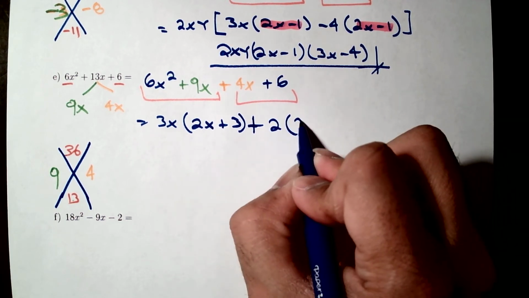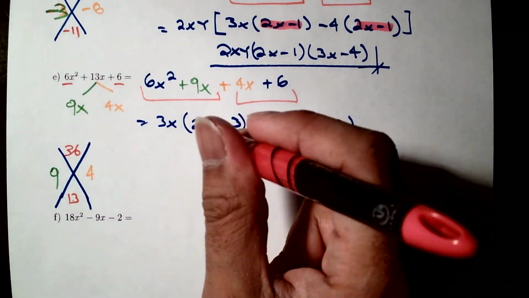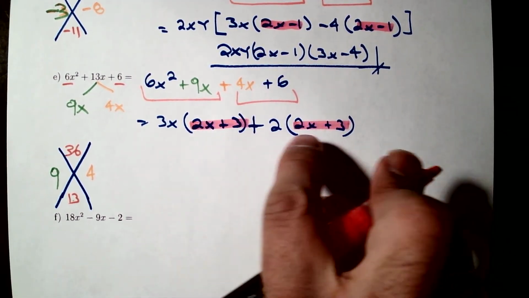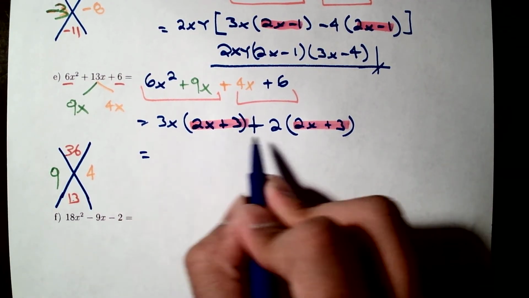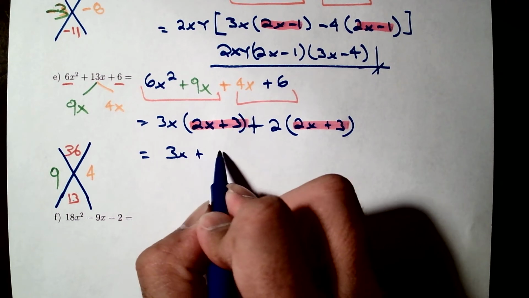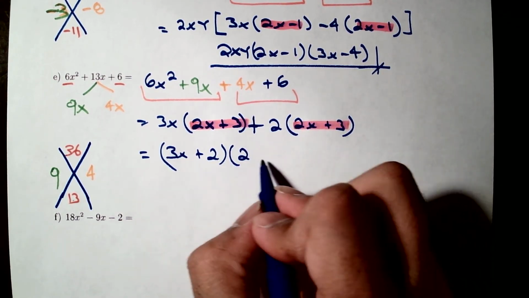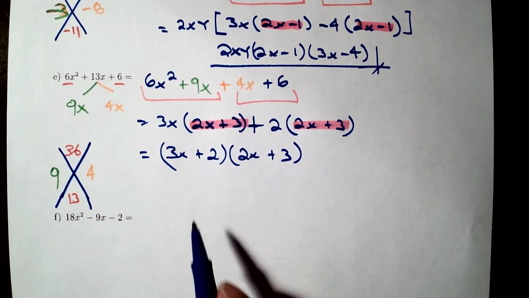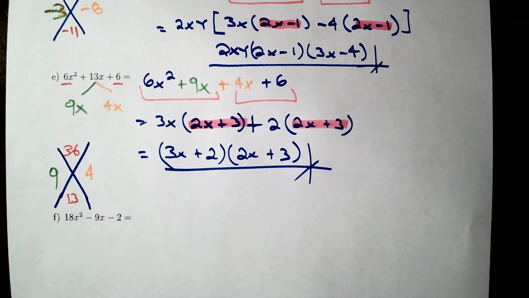So 2 times 2x plus 3 as well. Again, notice how we are supposed to obtain this same quantity right here. So 3x plus 2 times 2x plus 3. Final answer.